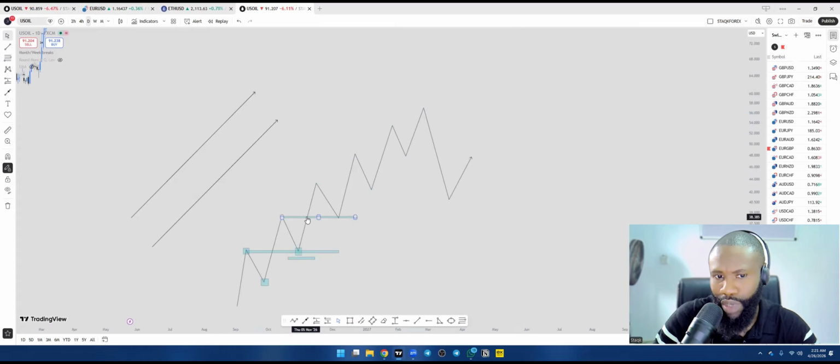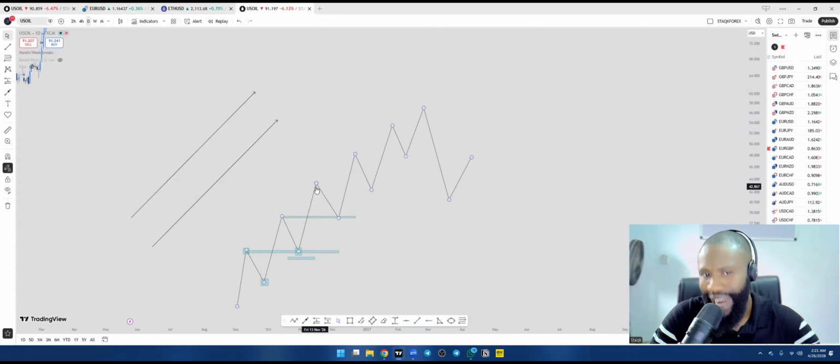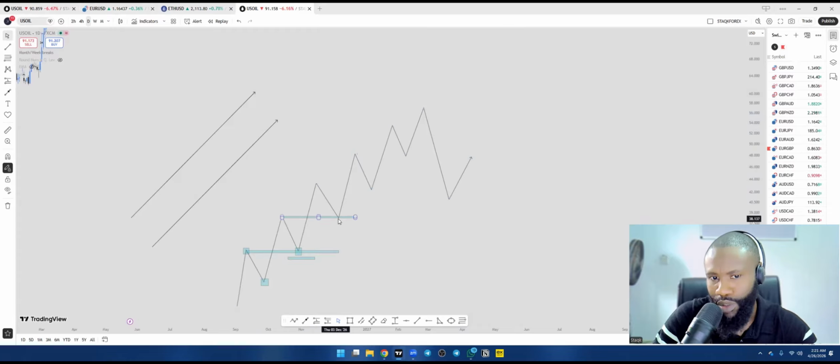Okay. So now we have taken a buy here. Then we take out our profit here. So once price takes out these recent highs to create another high, then the only thing you do is to wait for a pullback to happen.